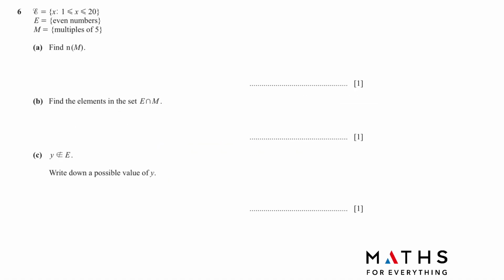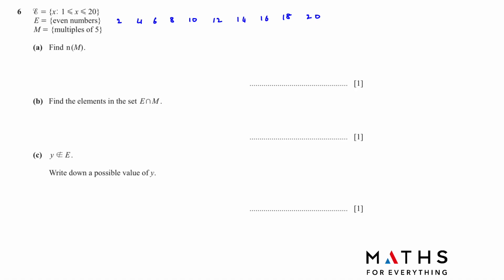This is a set question. All the elements equal x is such that x is between and including 1 and 20. E is even numbers and M is multiples of 5. We'll write down the even numbers first here. Even numbers are 2, 4, 6, 8, 10, 12, 14, 16, 18, and 20.